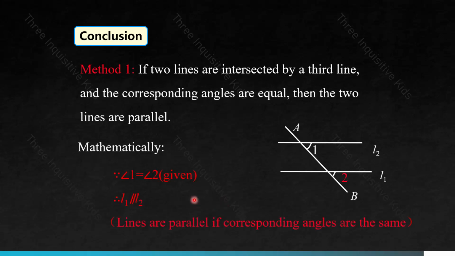Mathematically, and this is from the figure, if angle 1 and angle 2 are the same, then L1 and L2 are parallel, because we know that lines are parallel if corresponding angles are the same. Always remember to include your reasoning in a pair of parentheses after you write that step.